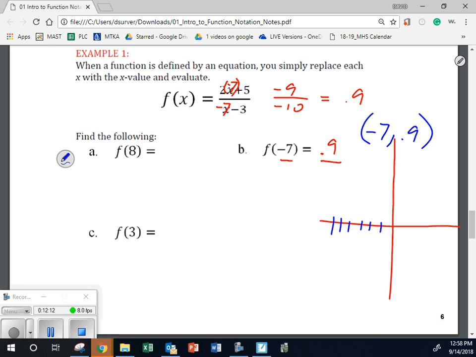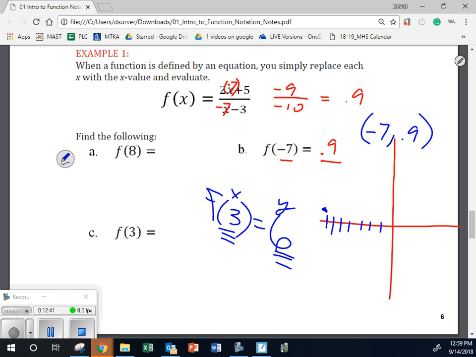It's a point. As soon as I want you to be able to do this from now on, if I say that, you should be able to go, oh, so you're saying x is 3 and y is 6. Get what I'm saying? The x number goes here, right? And f of that number is the y number, so this is the x and this is the y.